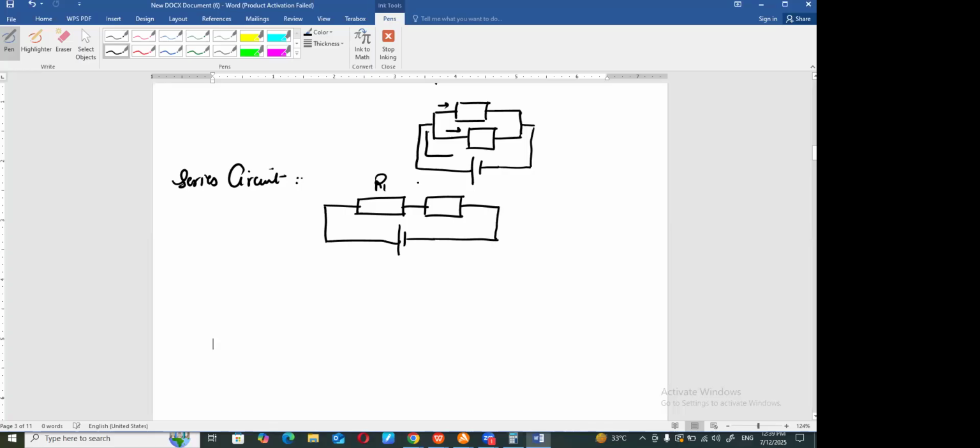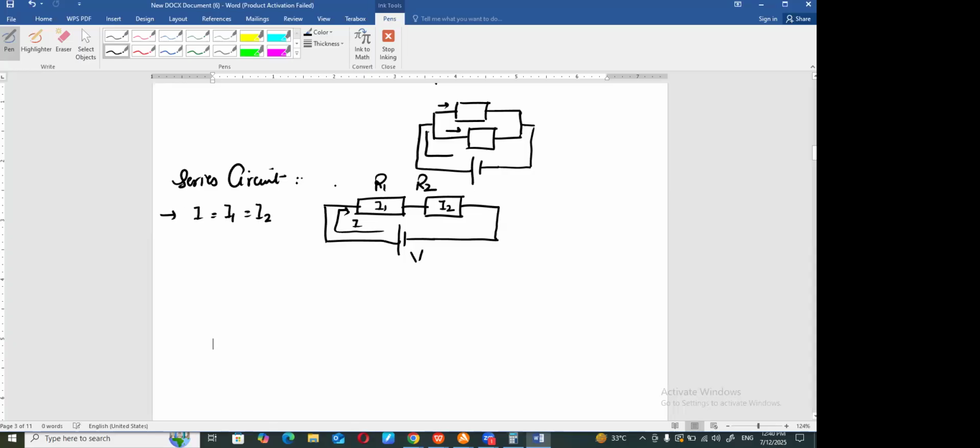This is R1, this is R2, and this is V. Let's suppose the current I reaches this point. Once it reaches that, the same current passes through R1 and R2, which means the currents I1 and I2 are technically equal. So the current passing through R1 and R2 is the same as the current coming out of the battery, which is I. This is the first property.